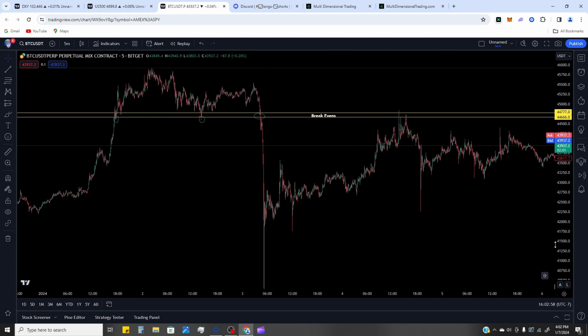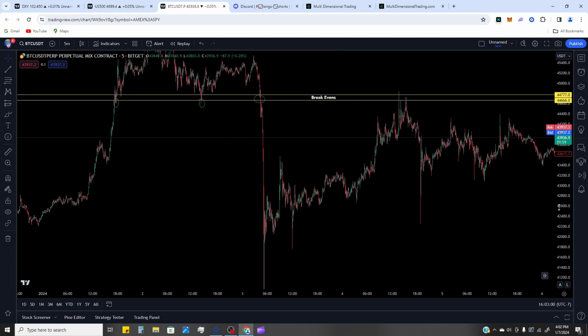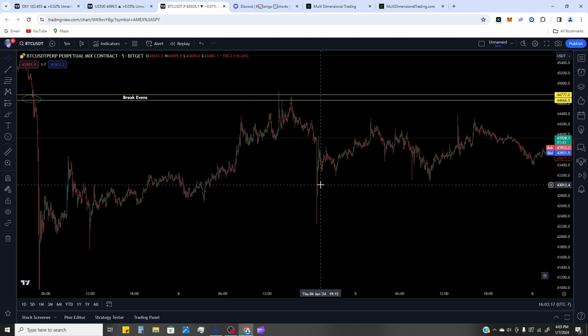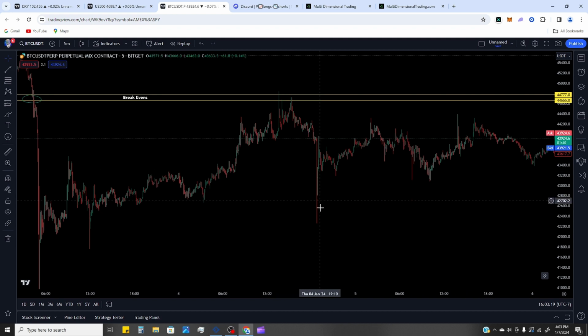Looking at the number signals. Look at that. We went from 44,666 all the way down here. Okay, to 42. That's over 2,500 points or so. Like 2,400 points to the downside. $2,400 to the downside. That's massive.